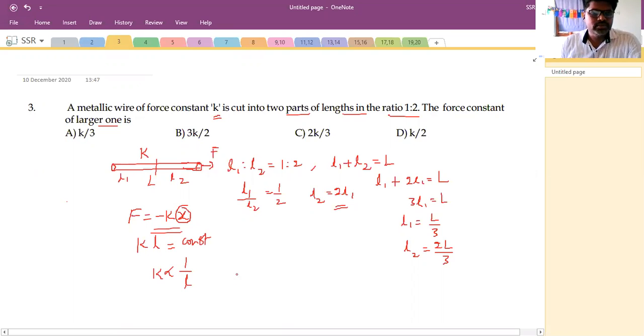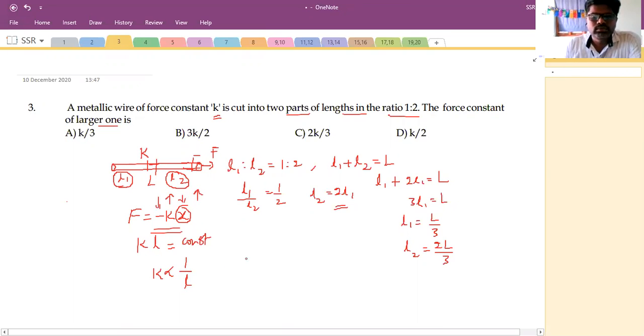Are you clear this point? Suppose this L1 length elongated, L1 part, L2 part, it has elongated some smaller values in this case. That means if K is high, elongation will be low. If K is low, elongation will be high. That is the point you have to understand for a given force.